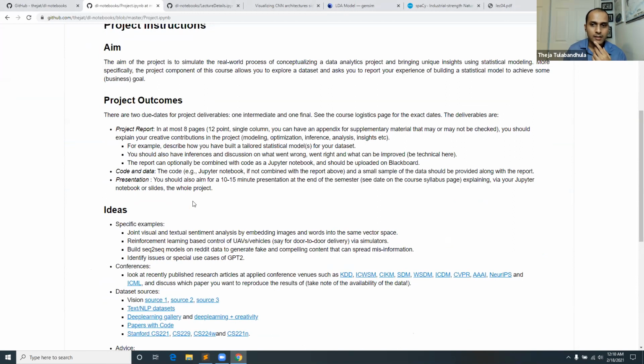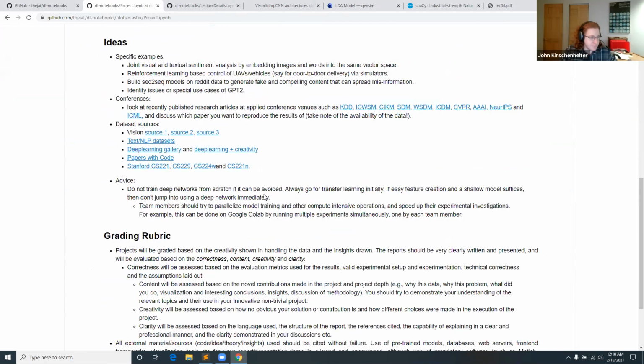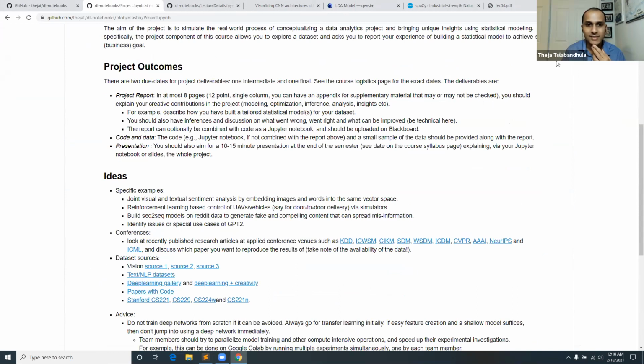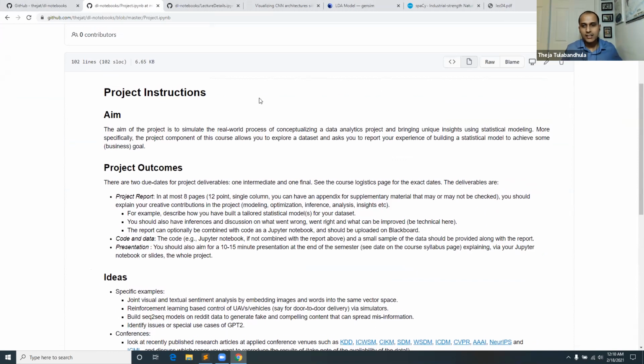Yeah, that is a good question. I think, is it not explicitly stated what the goals are here? Okay. Actually, the intermediate goal is to have a partial snapshot of the same thing. So at this point, you need to have a proposal in the sense of what you want to do, what candidate models you want to look at, and what aspects of these models you want to look at.